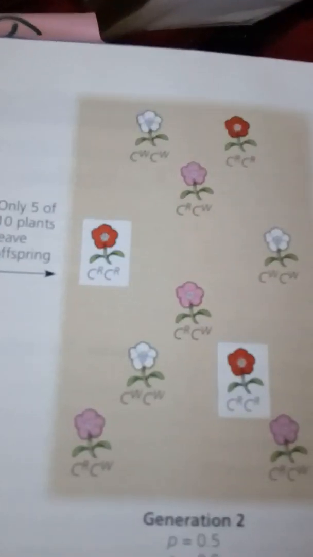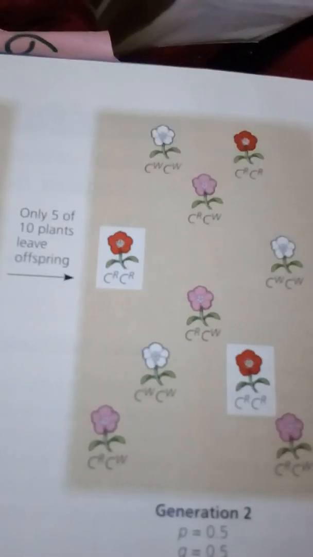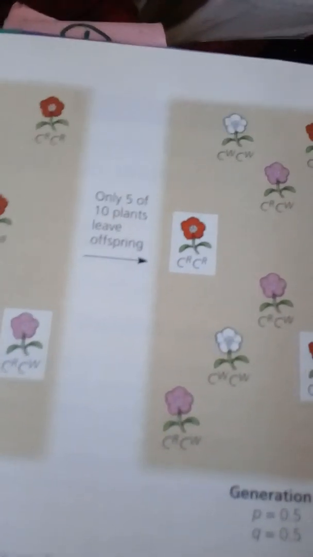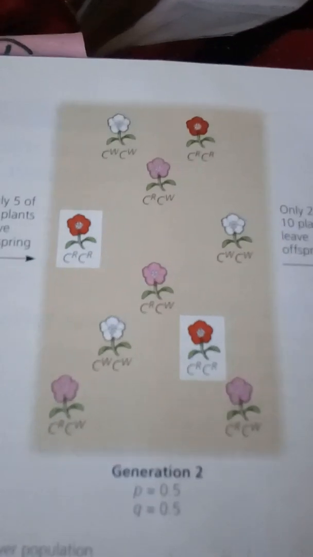Similar deviations from the expected result, which occur because real populations are finite in size rather than infinite, explain how allele frequencies can fluctuate unpredictably from one generation to the next. Such fluctuations are called genetic drift.